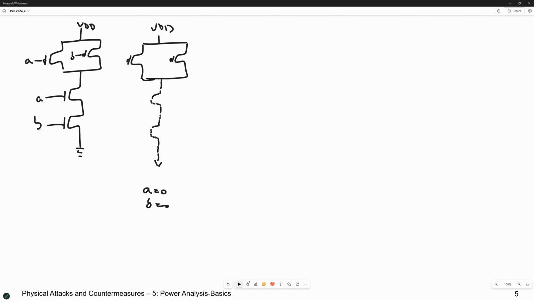Now consider that A equals 0 and B equals 1, then the shape will be something like this.